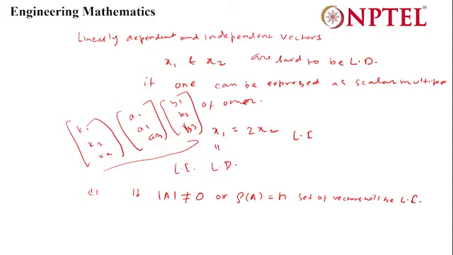Second, if the determinant is 0 or the rank of the matrix is less than n, then this will be called a linearly dependent set of vectors.